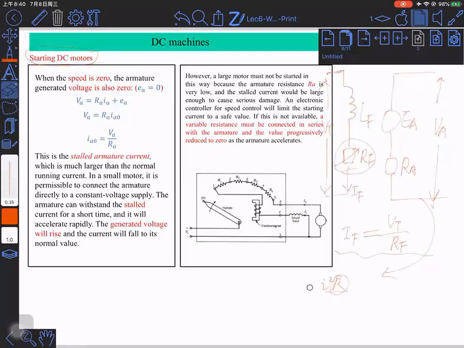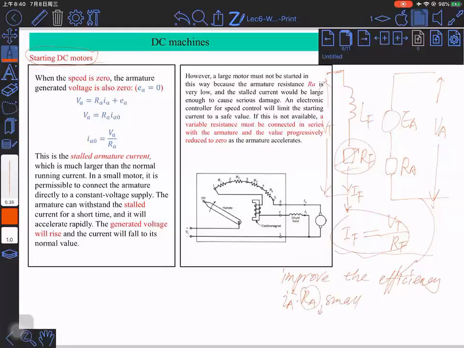So to improve the efficiency, because there's nothing much we can do on the field circuit, what we do is reduce RA. Because if the RA is small, IA squared times RA is small, then we've got very good efficiency.